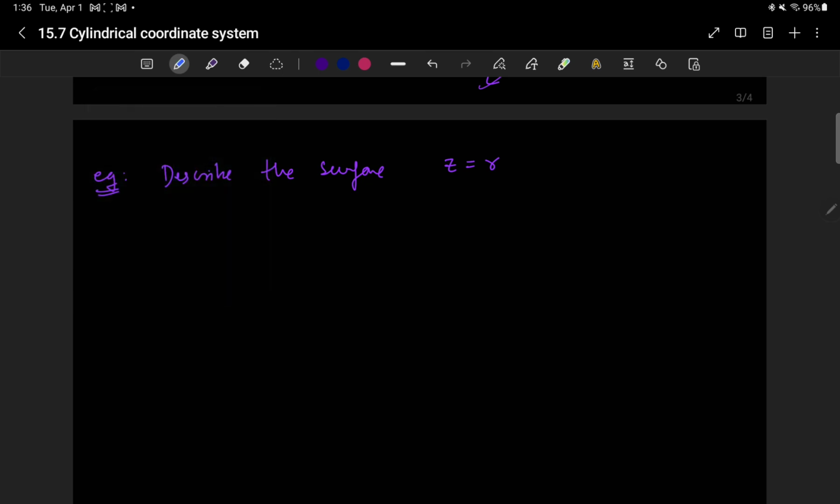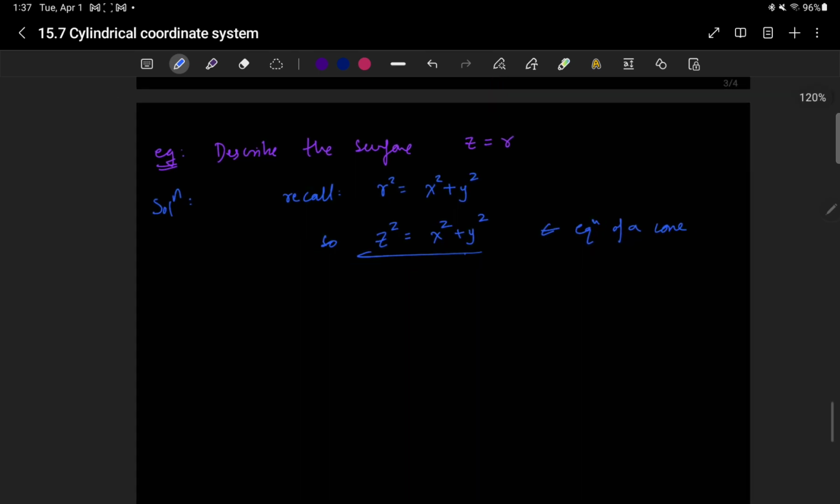And to do that, we will always revert back to the definition. Recall that r squared is x squared plus y squared. So we actually have z squared is x squared plus y squared. And we have seen this before. This is an equation of a cone.